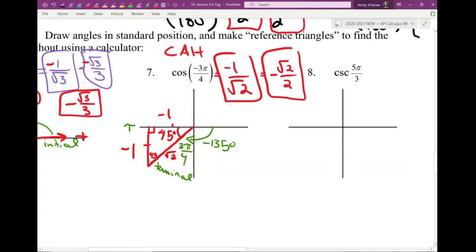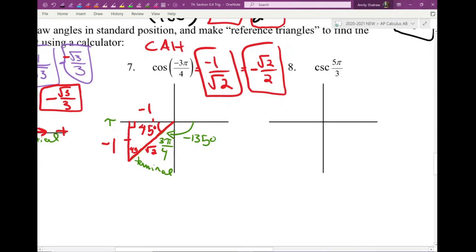So for 8, I want to do cosecant, and I want to do 5 pi over 3. So I know from here to here is a pi, so that's 3 over 3. I need to go 2 more sections. So if I'm going to divide it up like this, this is section 1, this is section 2, this is section 3, this is section 4, this is section 5.